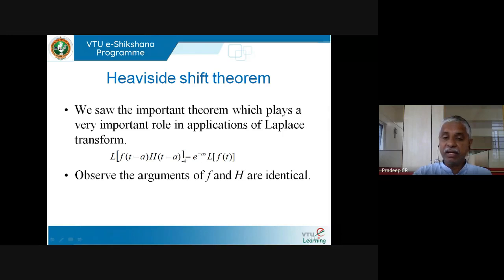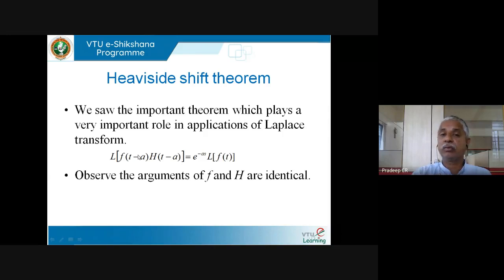Again I am emphasizing, the argument of f and the argument of h must both be the same. For example, if it is f of t and h of t minus a, this formula is not true. So all our efforts are towards making this argument also t minus a.